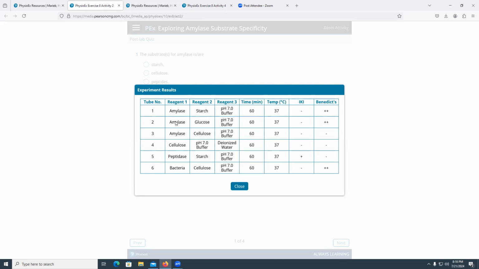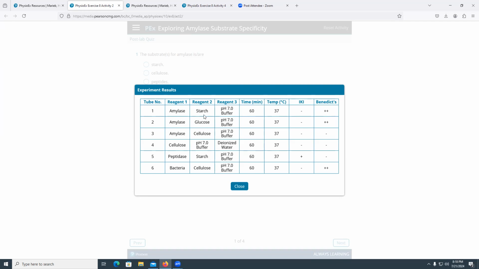For 2, I do have my amylase as an enzyme, but I do not have a reactant. I have a product, but amylase works with reactants, converting them into products. It does not work with products, converting them back into reactants, even though I do have my proper pH and my proper temperature. So when I do my Benedict, it will tell me there is glucose, but I have no reactants because I started with products.